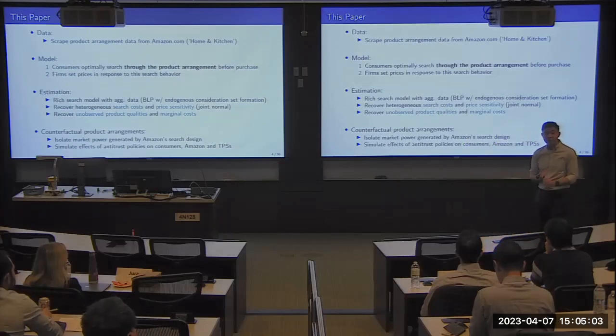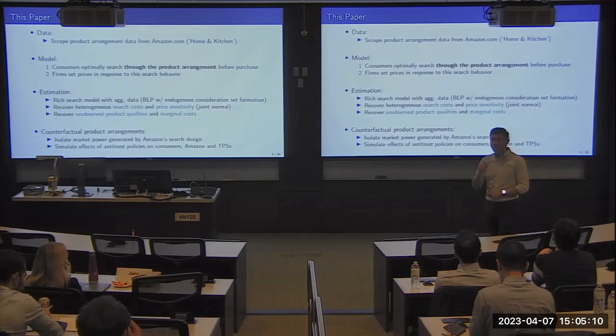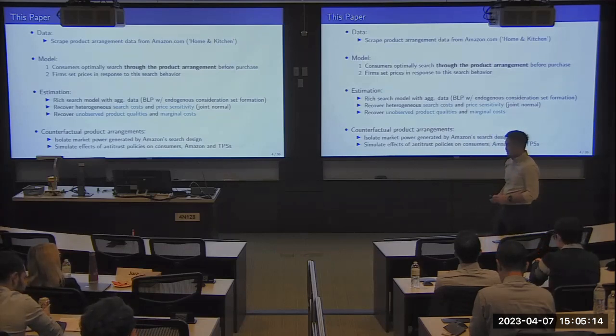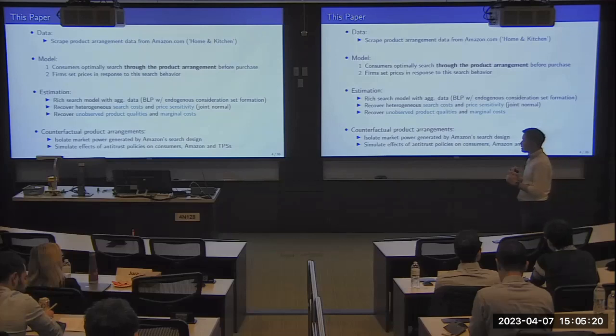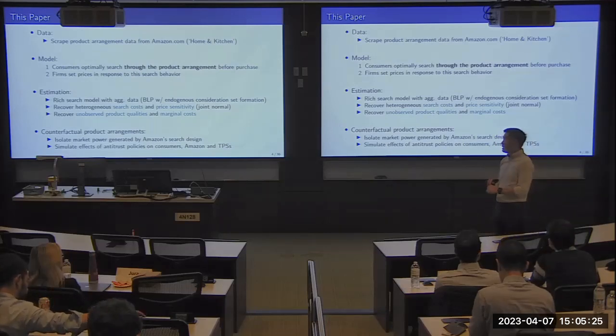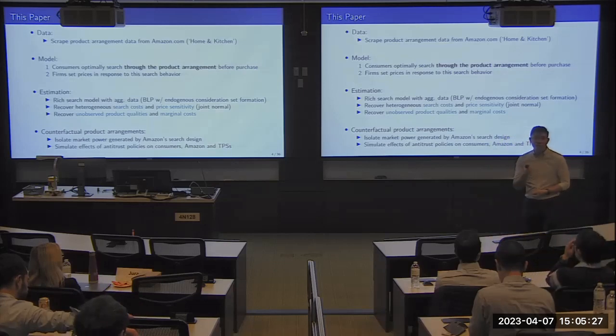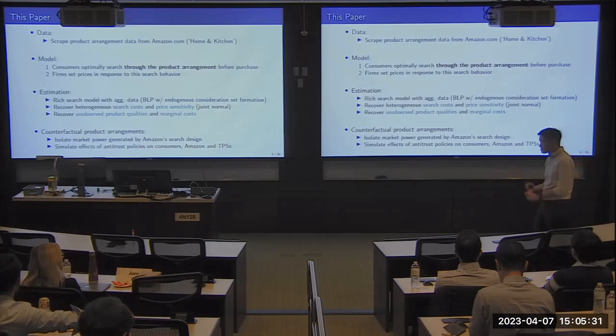The first is that consumers are going to search optimally to build their consideration set before making a purchase. And then firms are going to price in response to that consumer search behavior. I'm going to take the model to the data. Estimation is going to end up looking like a BLP with endogenous consideration set formation. And in particular, I'm going to show we can get a really rich search model with just aggregate data variation.